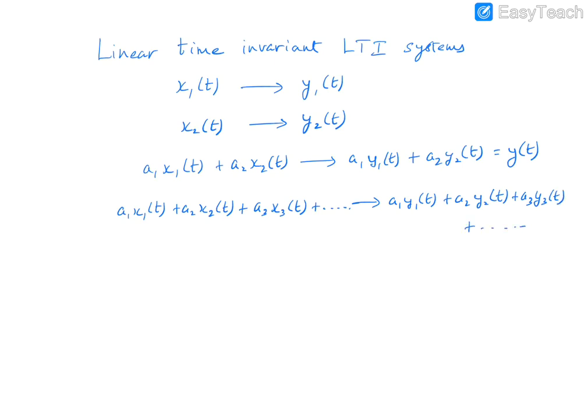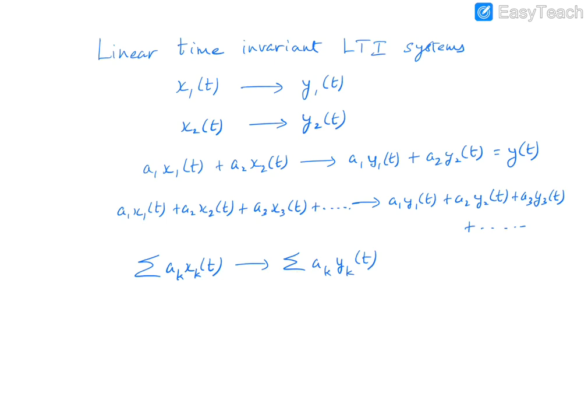So in general, we can write this as the summation of ak xk of t will produce an output, the summation of ak yk of t.